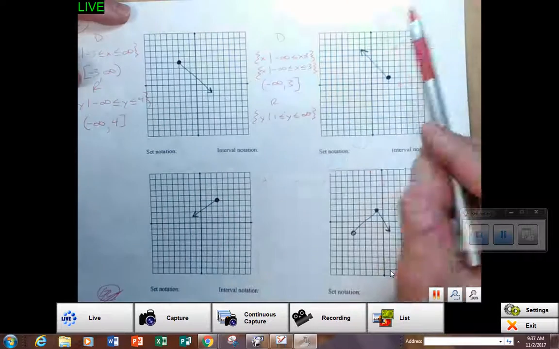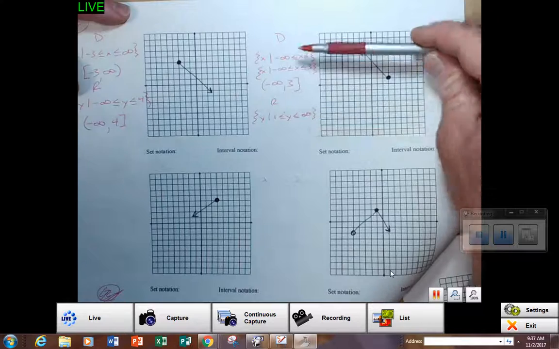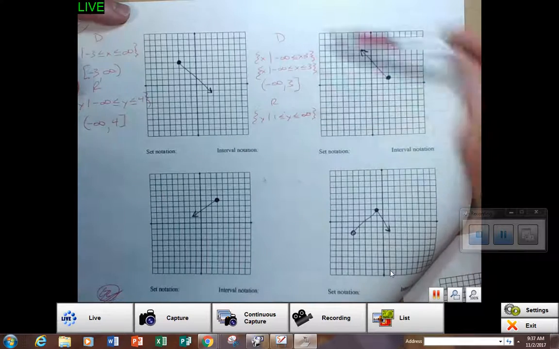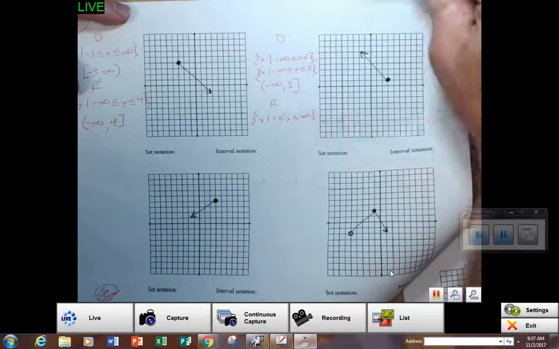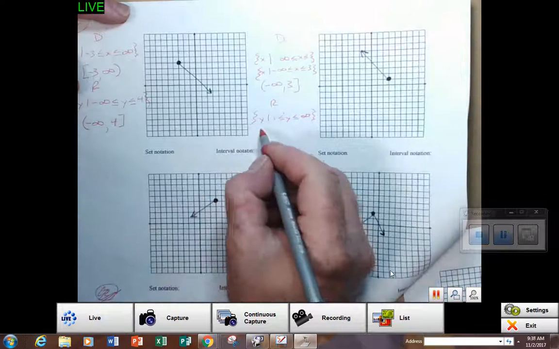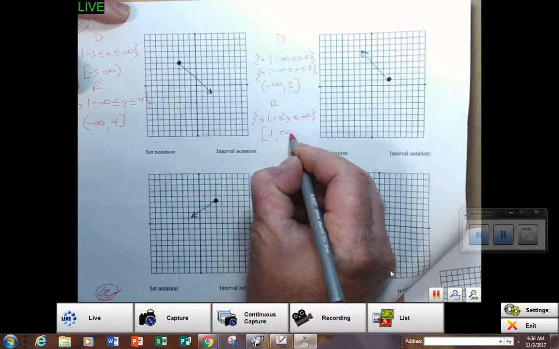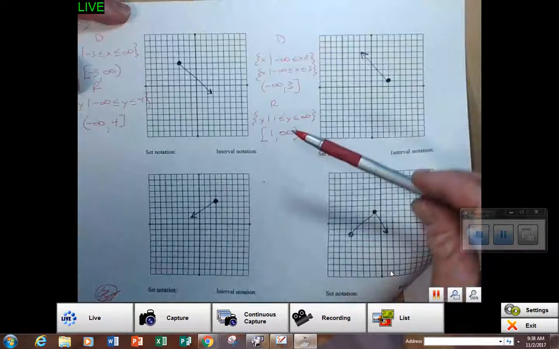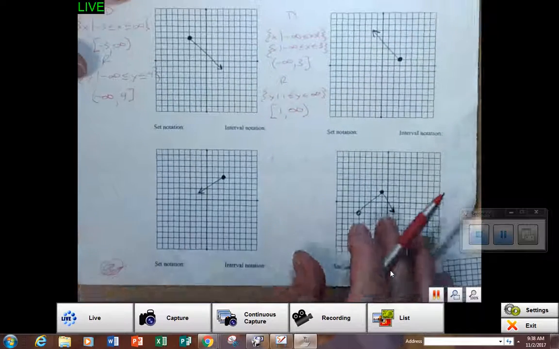Even though this is going to the left here to the negative zone of the graph, range is measured from bottom to top, so it is going up even though it's going off to the left. Measured from bottom to top, positive infinity. We'll practice these, I promise. The interval notation would be square bracket 1 to infinity, rounded bracket, from bottom to top. All right, these get tough. We will practice.